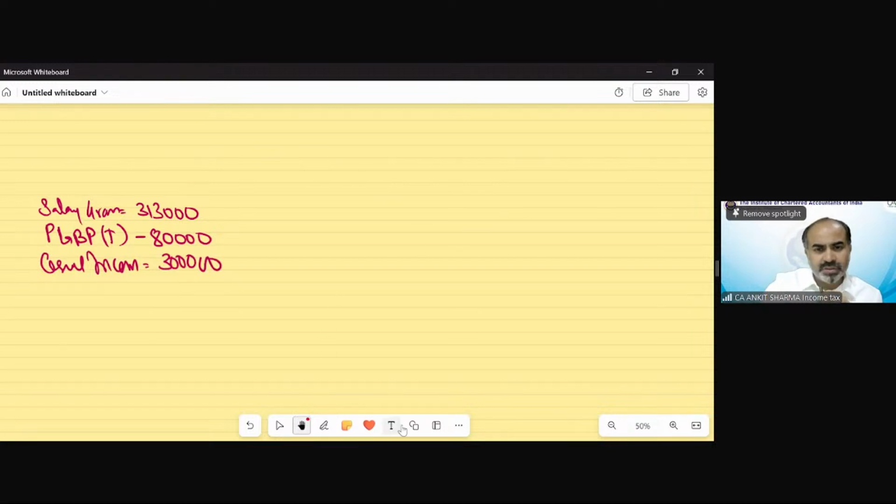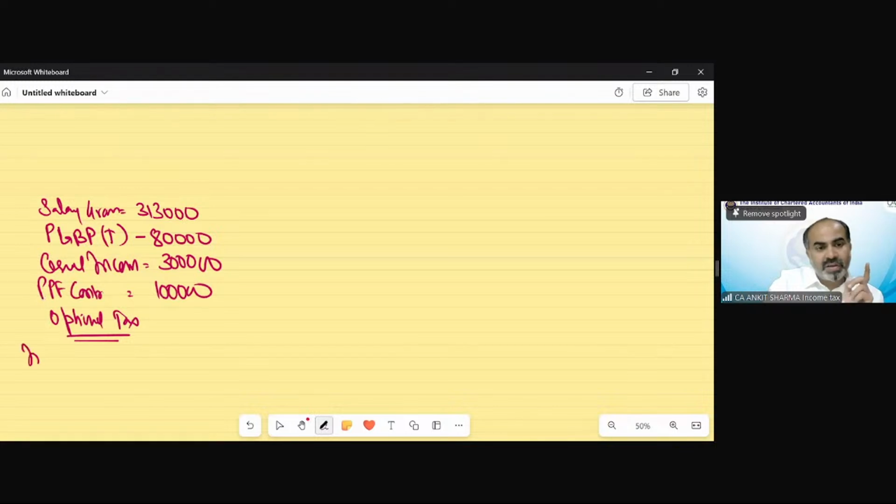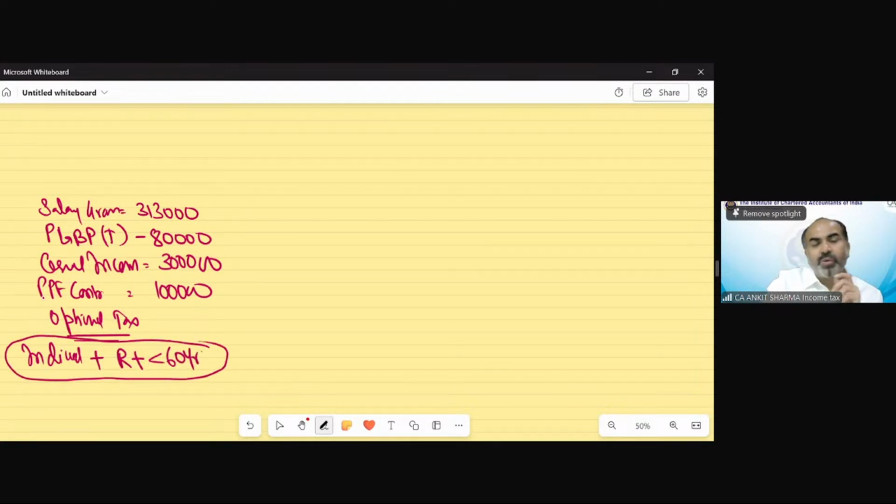And there was one more, contribution to PPF, that is 1 lakh rupees. You have to calculate tax under optional tax regime. If the question is silent, always consider the assessee as an individual, resident in India, less than 60 years of age. Okay, always. So now you need to calculate tax and find out the correct answer in this case.